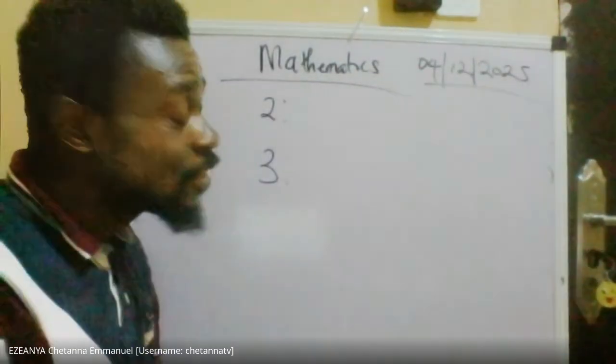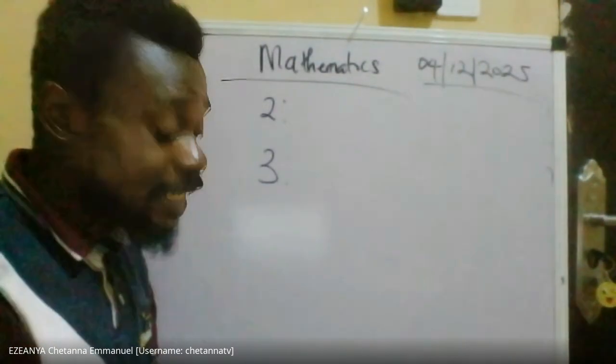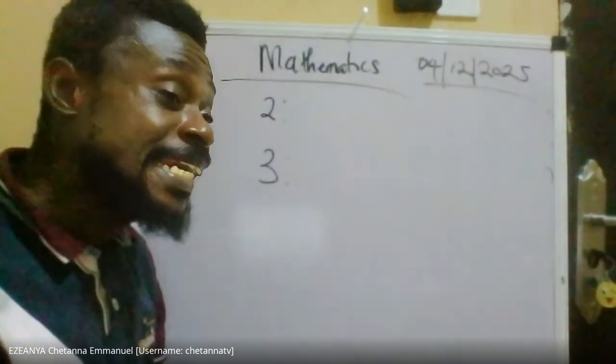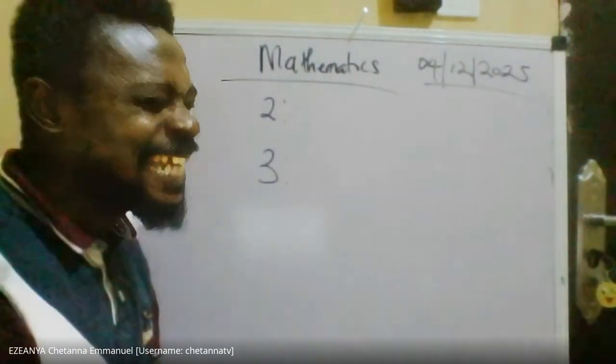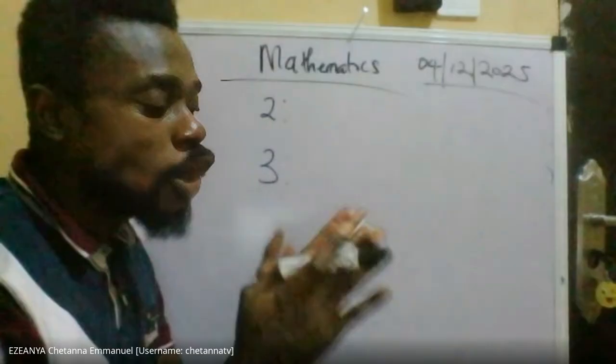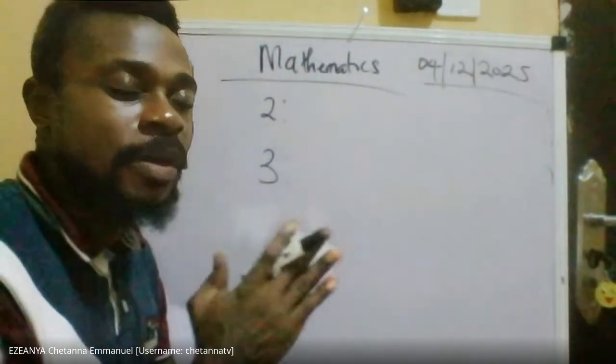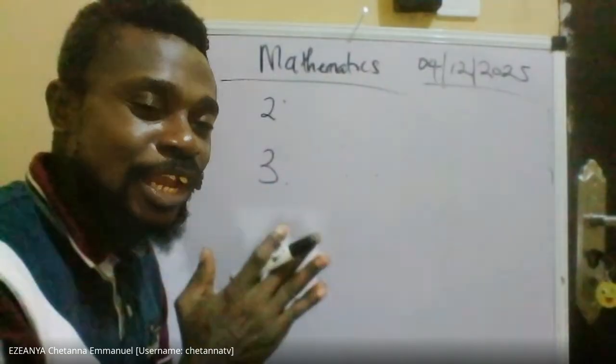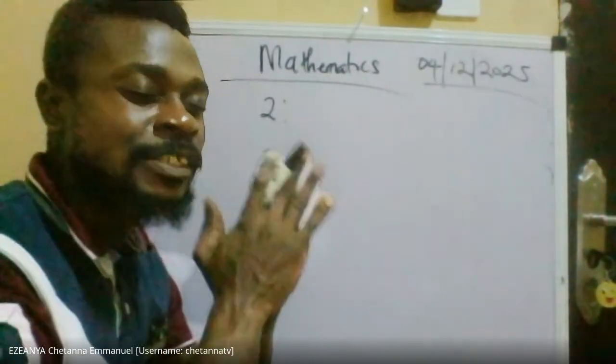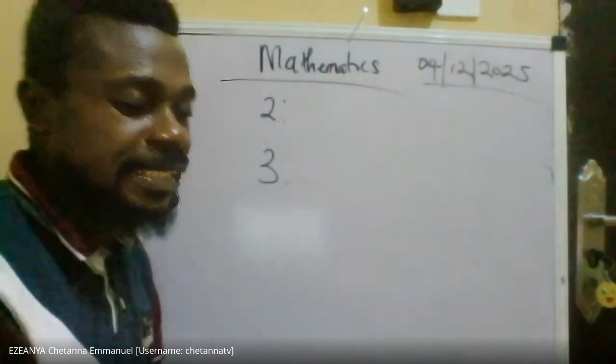If you sum all the digits in that number, and the sum of all the digits is divisible by 3, that number is divisible by 3.